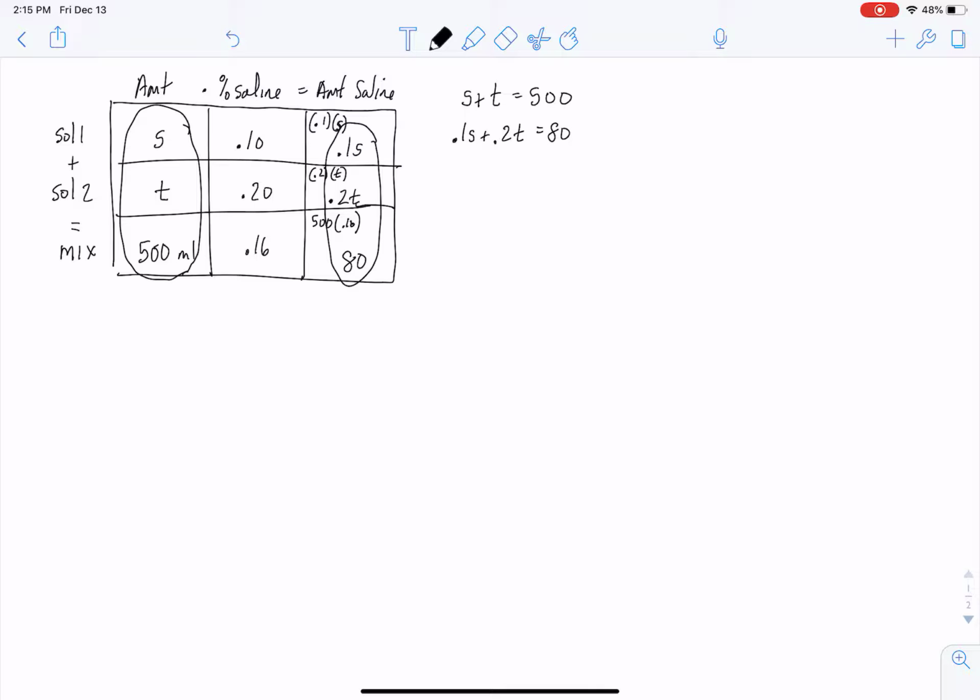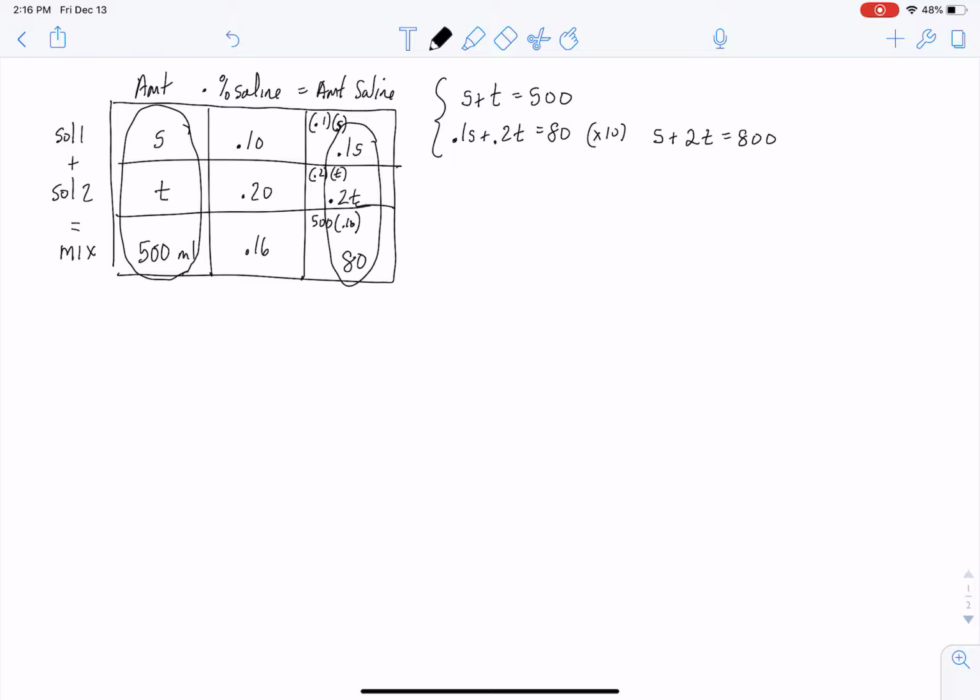Now what I'm going to do is multiply both sides of this bottom equation by 10 so that I can get rid of the decimals. So by 10, it becomes S plus 2T equals 800.